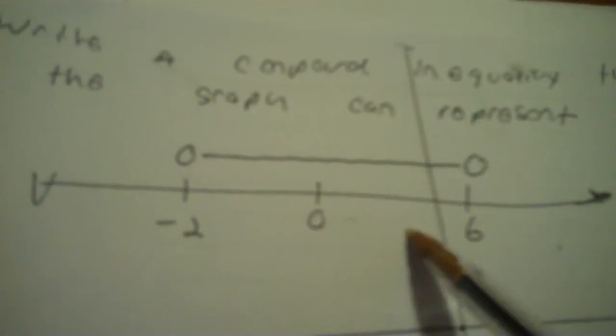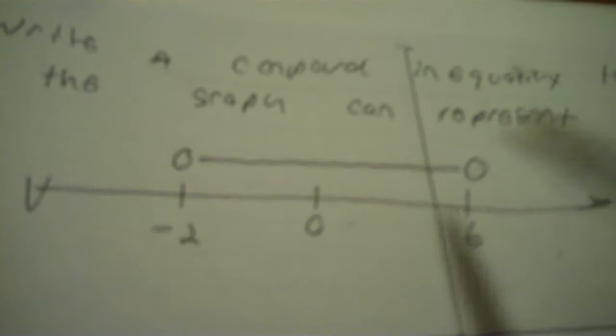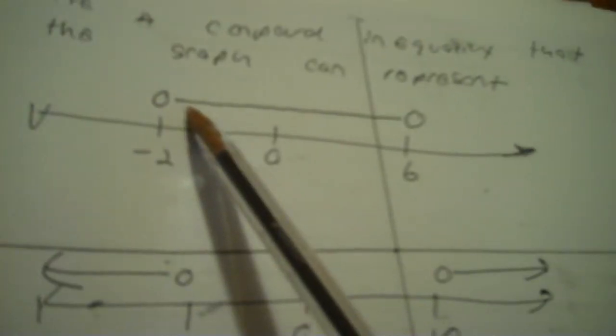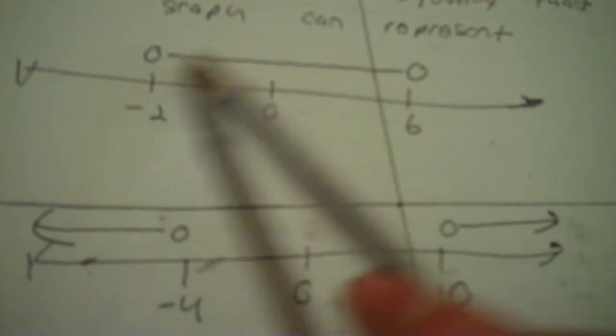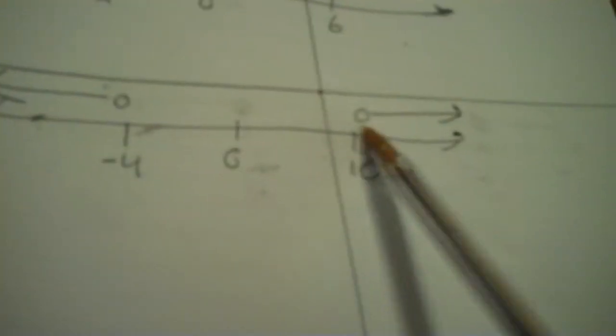Okay, now the next one, if you're on virtual, the next set of examples, you're going to need to draw the number lines because it says write an inequality that the graph represents. These are the graphs, okay? Okay, it's pretty much what you just did. So you see some of them are combined together between, some of them are on the outsides, okay?